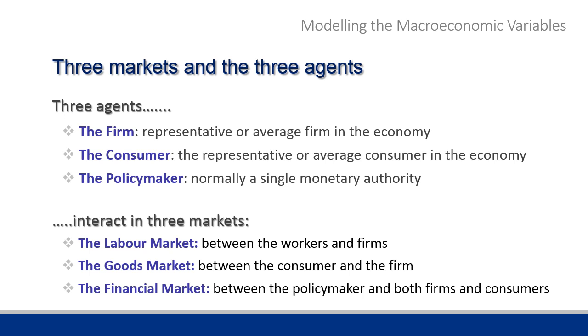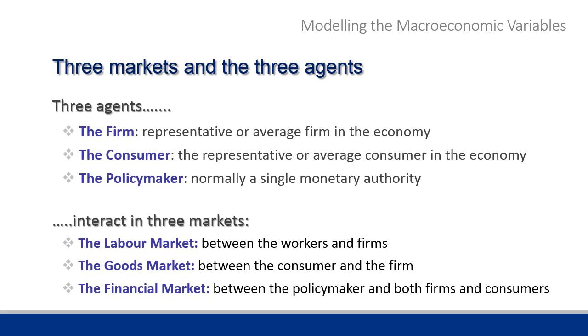We've mentioned the three markets and the three agents. Who are the three agents? Typically, the firm is the representative or average firm in the economy. The consumer is the representative consumer in the economy, normally representing the demand side.